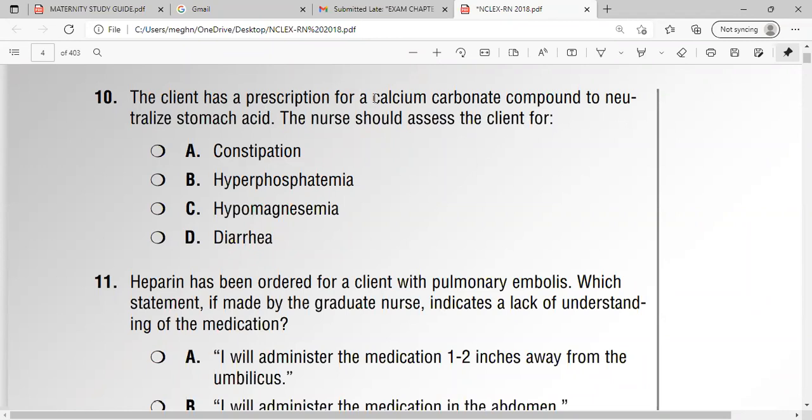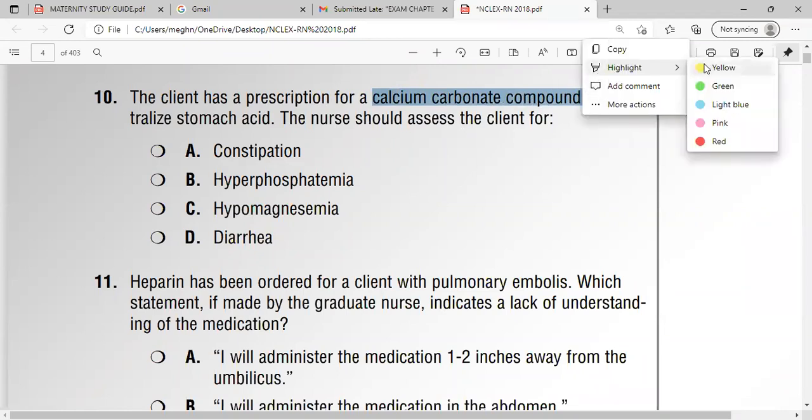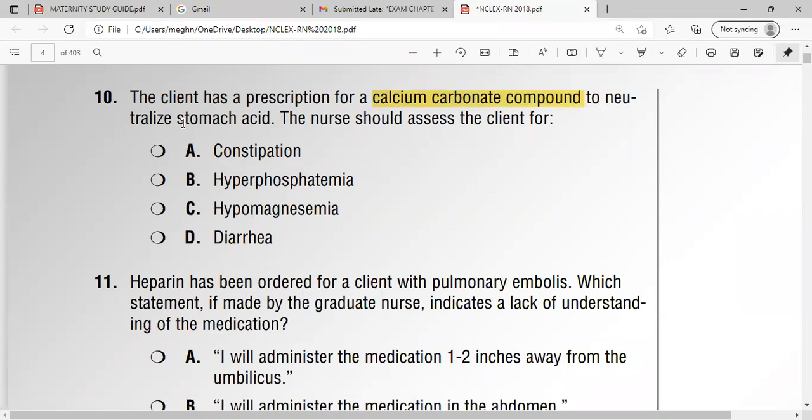Number A, constipation. Number B, hyperphosphatemia. Number C, hypomagnesemia. And number D, diarrhea. The correct answer is constipation, right?